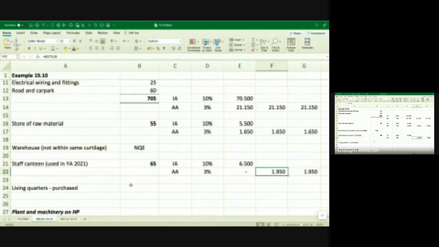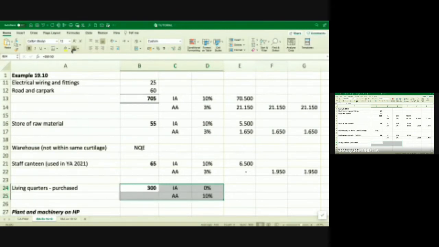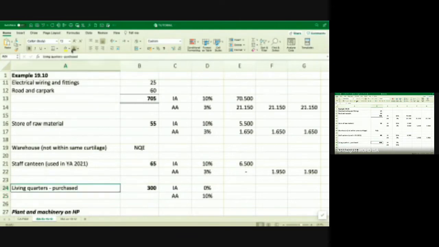What about the living quarters? What's the rate for living quarters? The living quarters here is 300,000. But there's a special case, because the rate is 0% and 10%. Why can't you claim 40%? Because the law says so.